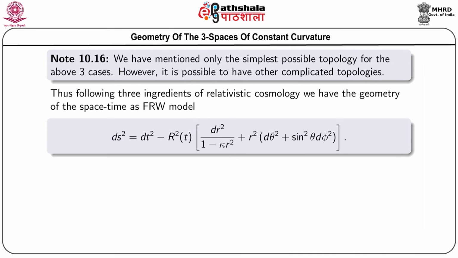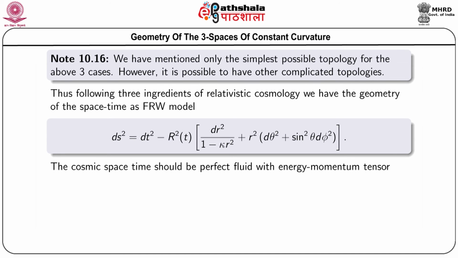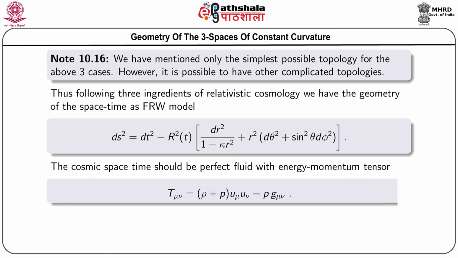Here ds square equals dt square minus R square t within the third bracket, this expression we have seen earlier. Now, the cosmic space time should be a perfect fluid with energy momentum tensor T mu nu equals rho plus p u mu u nu minus p g mu nu.